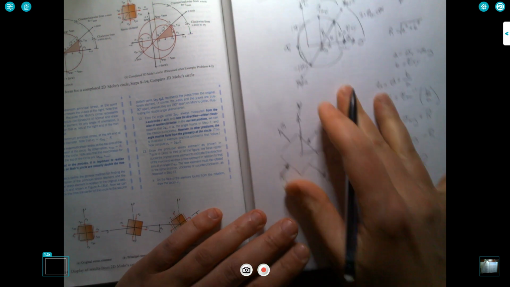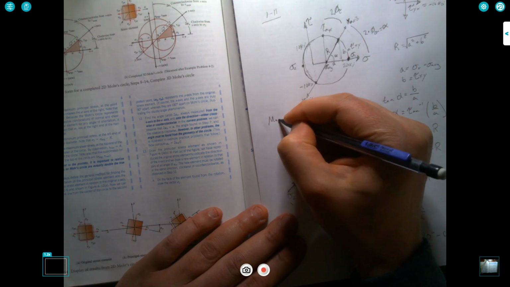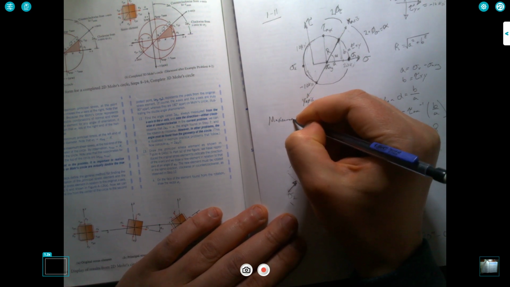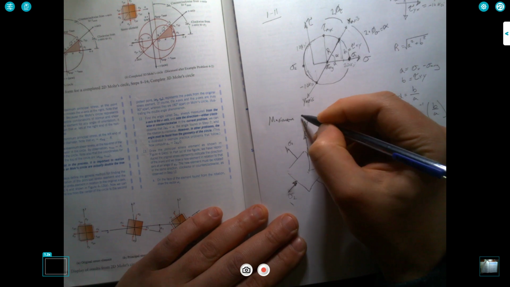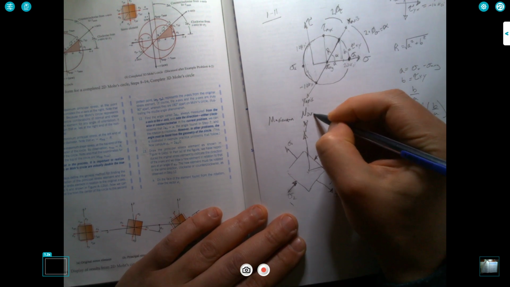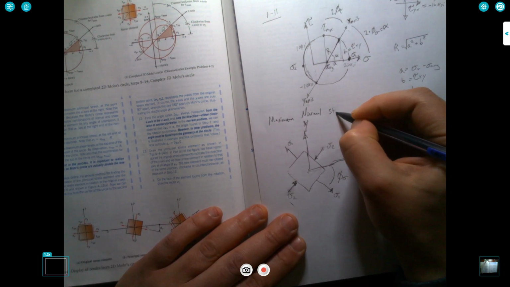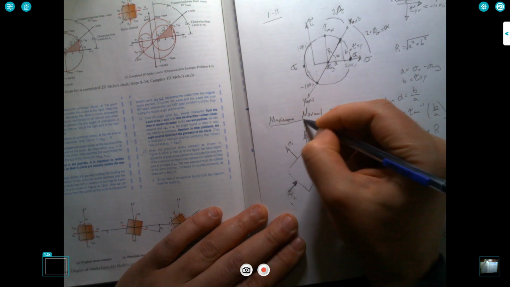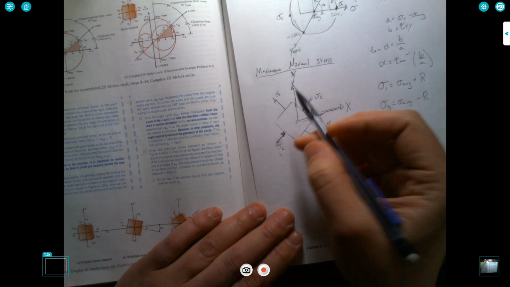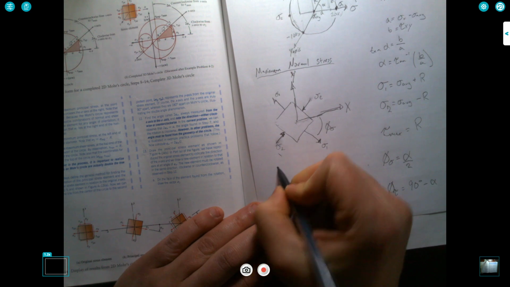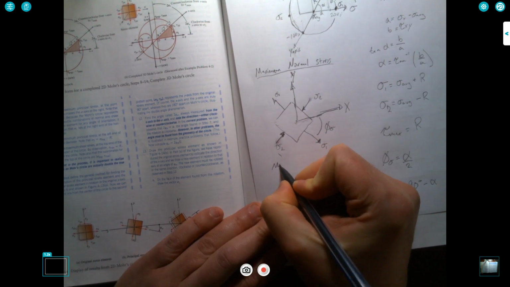And this is for maximum normal stress. That's our maximum normal stress element, and we want to do maximum shear.